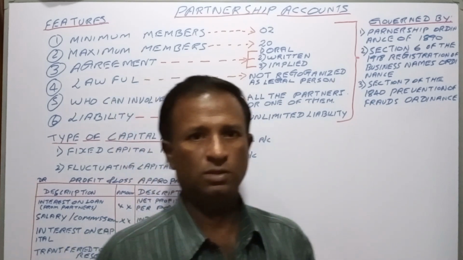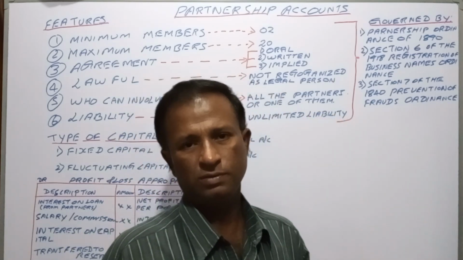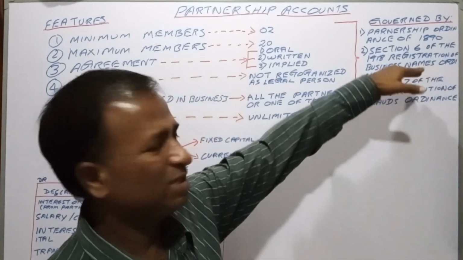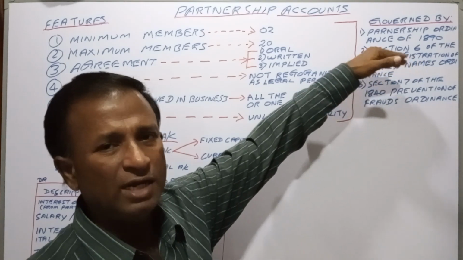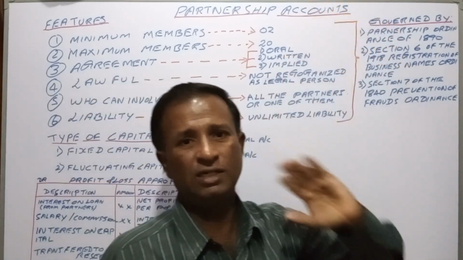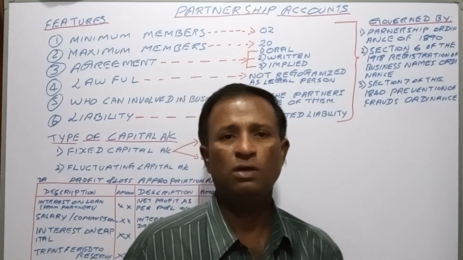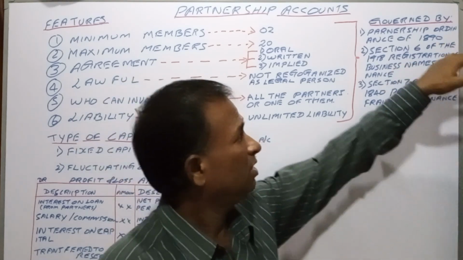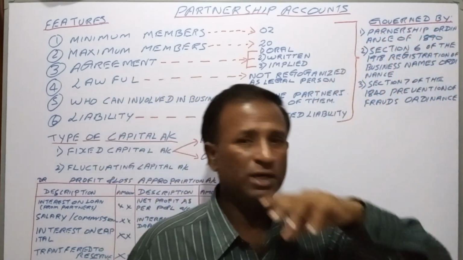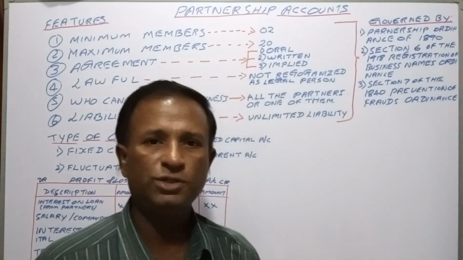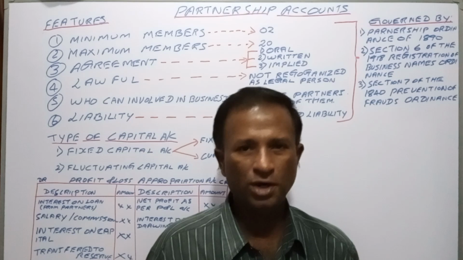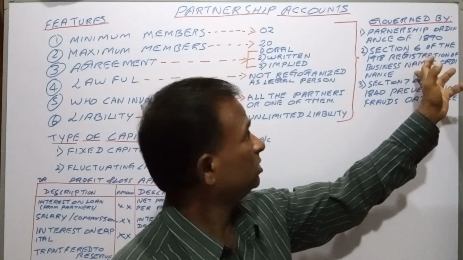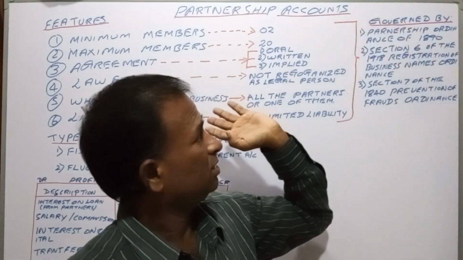And another thing is business registration. Sole proprietorship and partnership have to register their business under section 6 of the 1918 Registration of Business Names Ordinance. This is also governing the partnership.